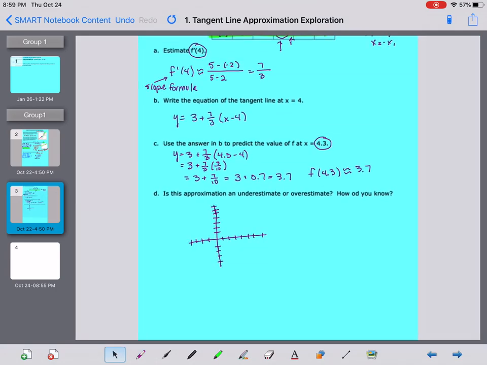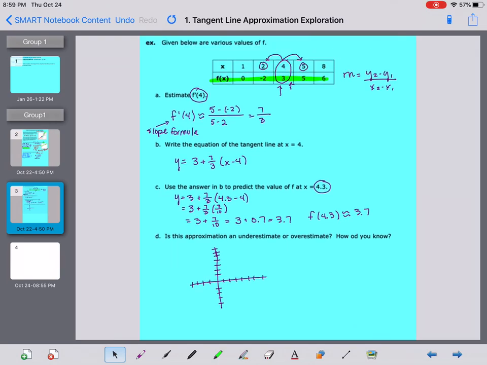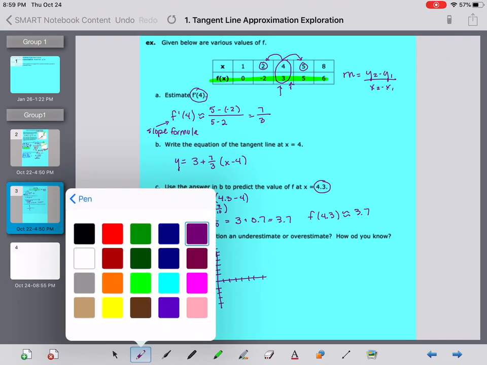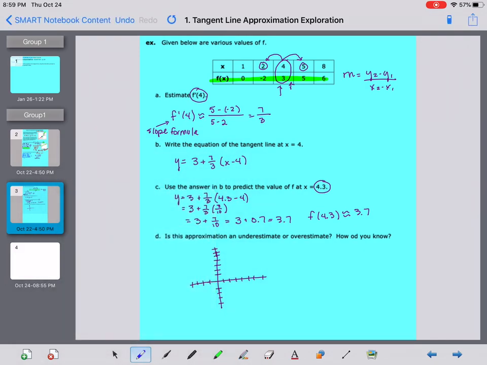Then I'm going to use my points. My first point is, of course, 1, 0. So x is 1, y is 0. Then when x is 2, y is -2. When x is 4, y is 3.